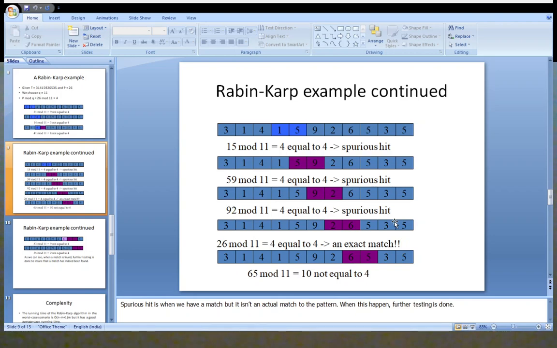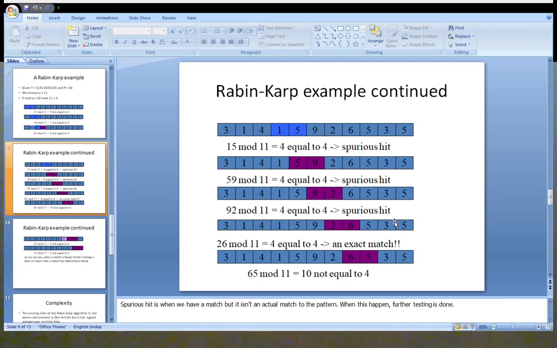This situation is called a spurious hit, because the digits 15 and 26 are not the same.